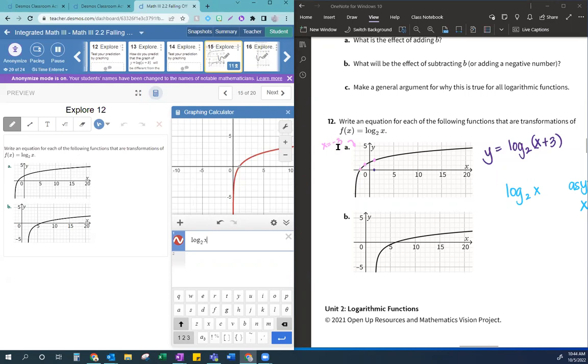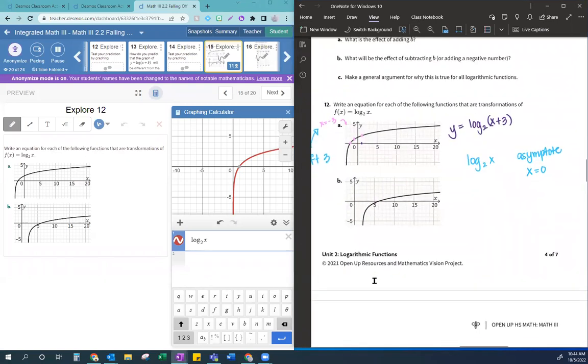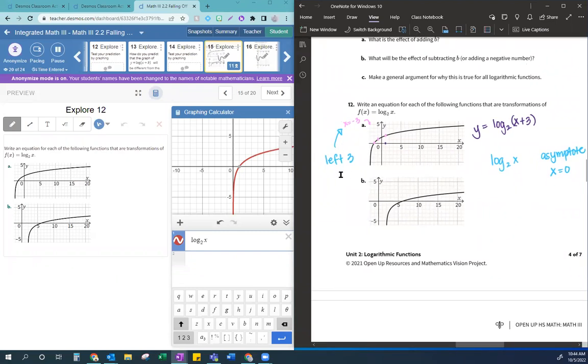This means left 3, okay? This means left 3, okay? Maybe make it a tad bit smaller so you can see all my writing here. All right, so does that make sense?